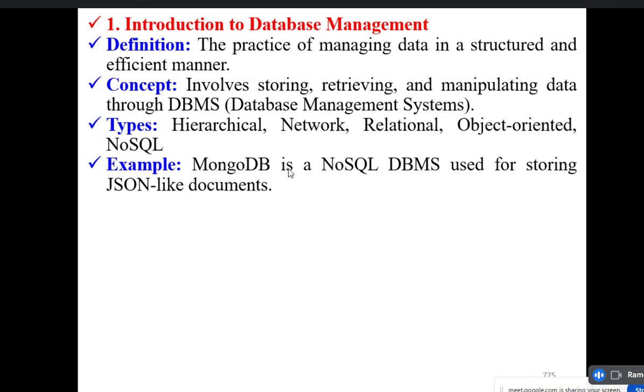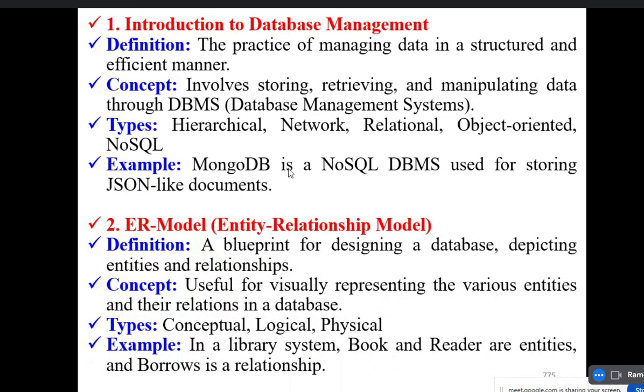The types are hierarchical, network, relational, object oriented, NoSQL. Perfect. And the NoSQL database examples: MongoDB, Hive, HBase, Sqoop, Zookeeper, etc.